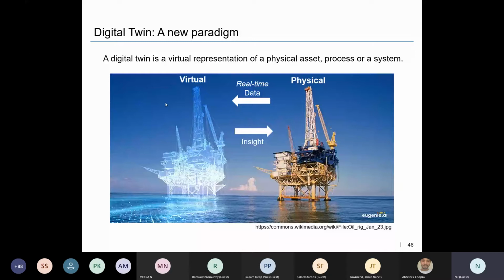And the connection between those two is using sensors or instrumentation. You take real-time data from the physical world, and you use this in your virtual representation of this thing. And then using this virtual representation, you can generate some knowledge or insight into the workings of this physical thing. And you can use it to make things better for yourself in the physical world, right? So that's the main idea.